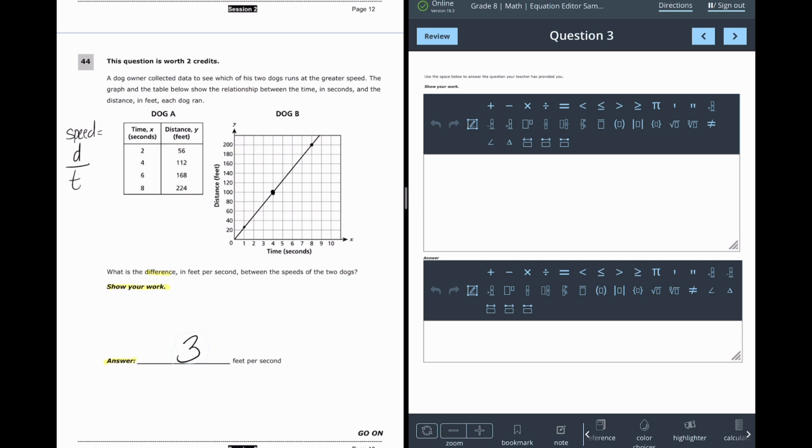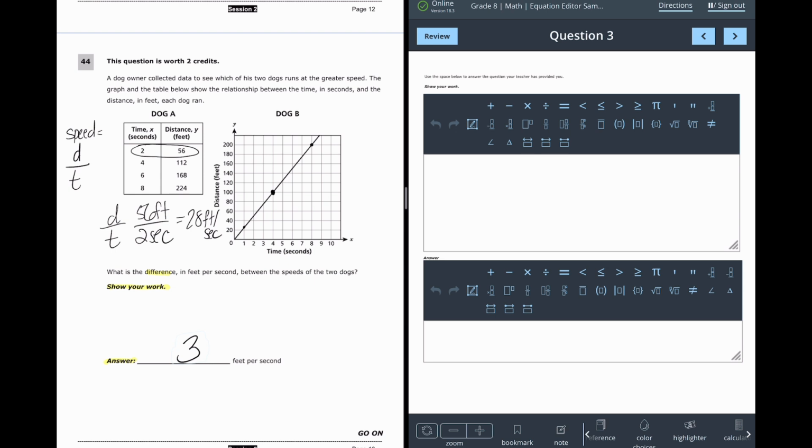So I'm going to choose one of the rates. And I want distance over time, and he does 56 feet per 2 seconds. So his speed is 56 divided by 2, 28 feet per second. That's his speed.